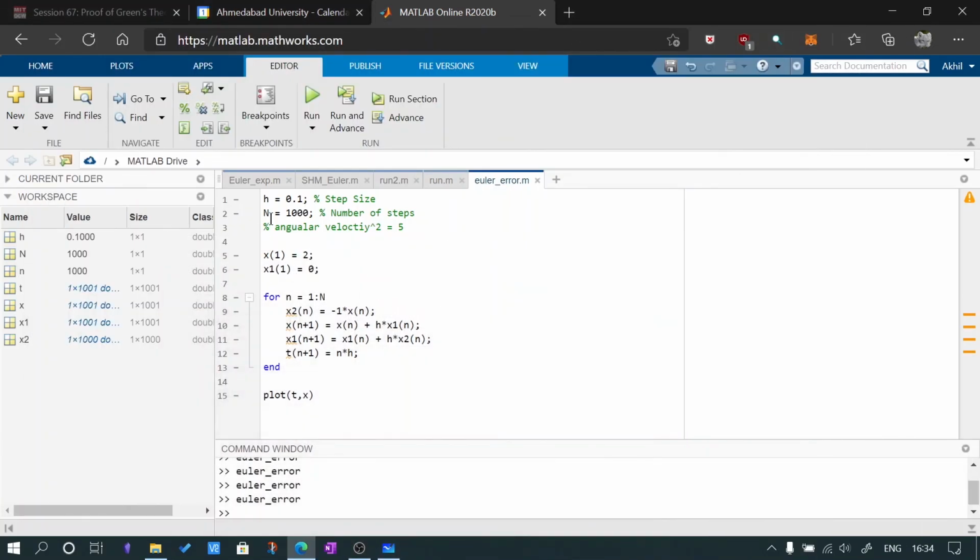So this is my code. H is the step size, which is delta t, and capital N is the number of steps I want to run this program for.